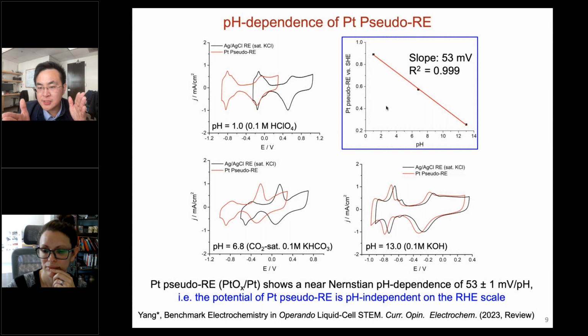What I want to show here is that because I have so much knowledge built up for platinum, we can easily compare with other results in the community, and using platinum also has the benefit of easily converting into the RHE scale. That's the most widely used potential scale for electrochemists.